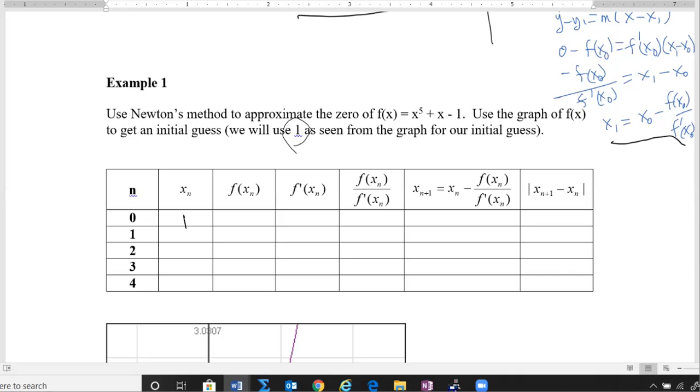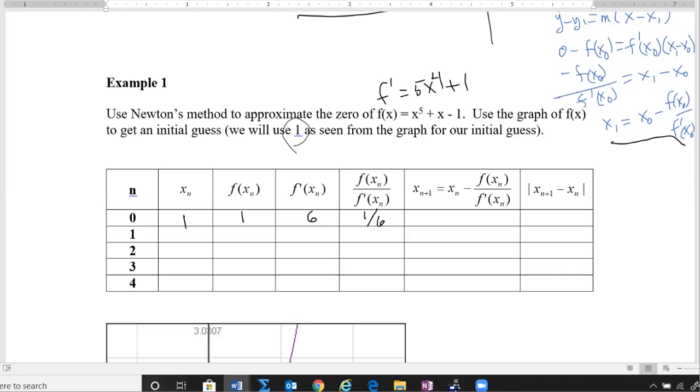And f of 1, of course, was pretty easy to get, is a 1, straight from here. f prime, well, you'll need the derivative. So f prime is equal to 5x to the 4th plus 1. That would be a 6 then, if you put that in there. Now 1 over 6, and then x sub n plus 1. This first cell here would be x sub 1.